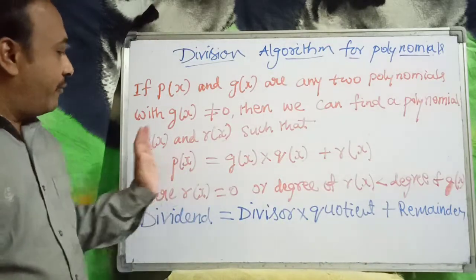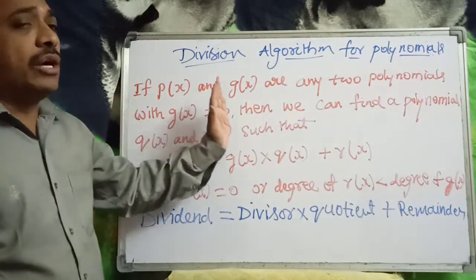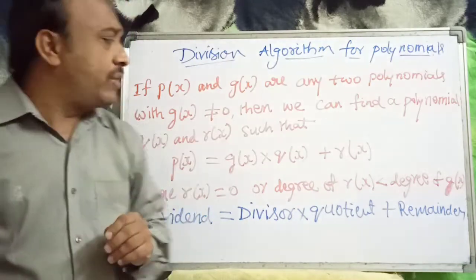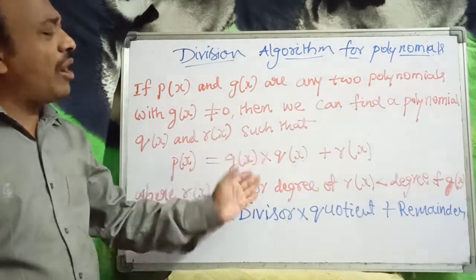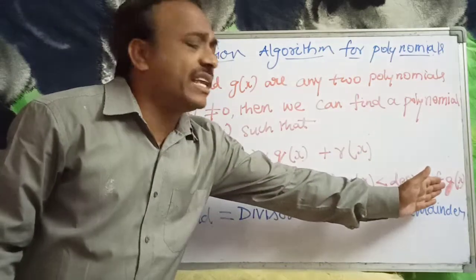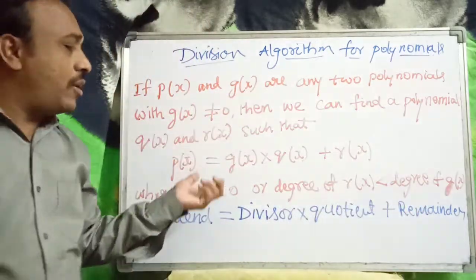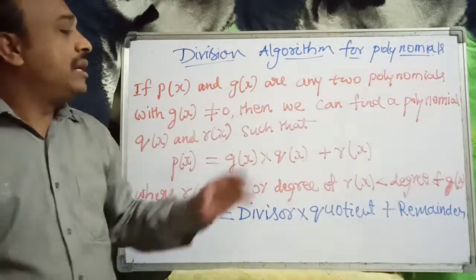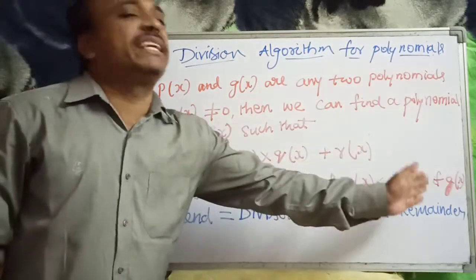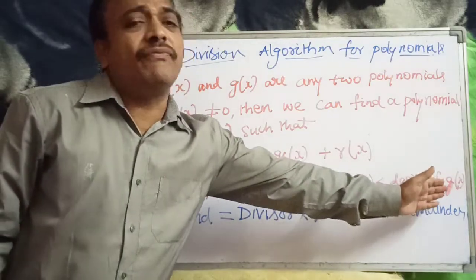Here we said g of x is not equal to 0, that means the divisor should not be equal to 0. Then r of x is equal to 0, or the degree of r of x is less than the degree of g of x. The remainder can be 0, or the degree of the remainder will be less than the degree of the divisor g of x.